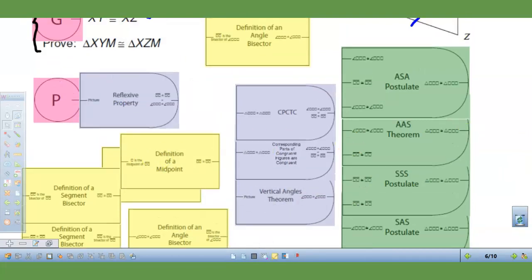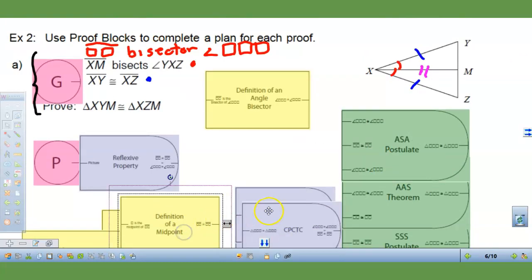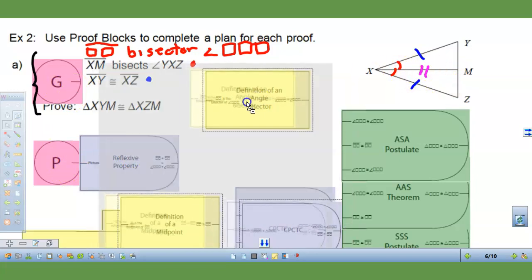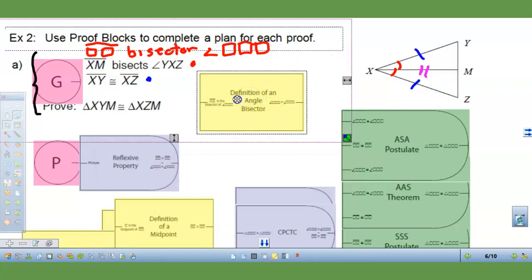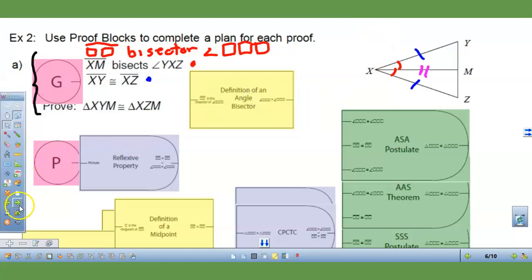Again, the more you do these, the easier it gets, identifying what is congruent to what and why. So we have three different statements right now. We have these angles are congruent based upon this. We have this is congruent to it because it's just given to us. And we know from the picture and the reflexive property that this is congruent. So at the right end of these, we're just going to write that down. Okay. There we go. So here's what we're going to do.